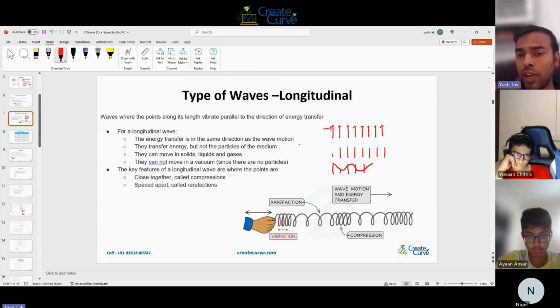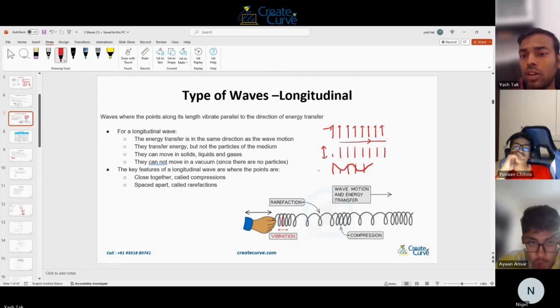The transfer is happening in this direction, whatever set of instructions. And the students are making motion in this direction. Basically up and down is the motion of the students, and the transfer is happening in the other direction.